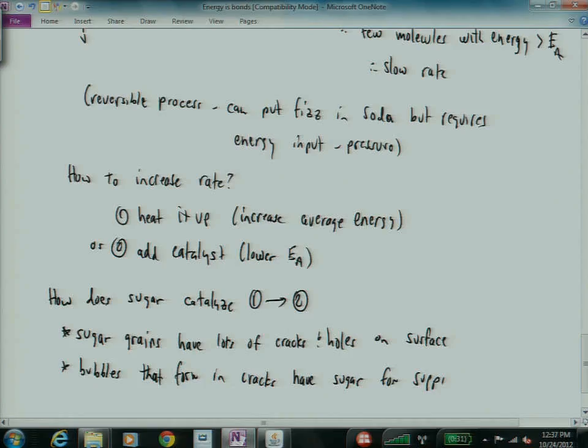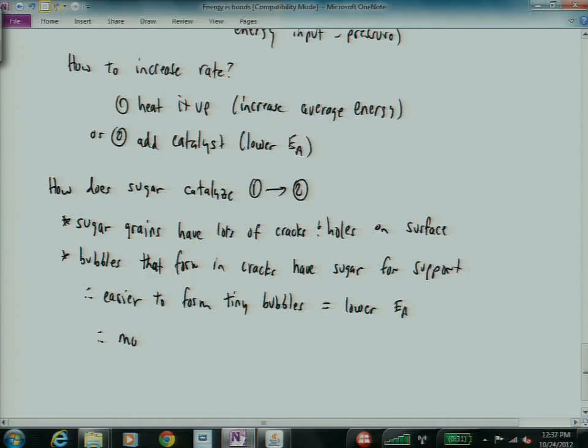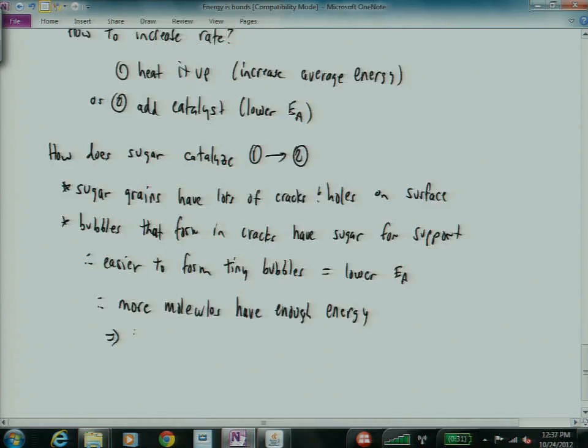Therefore, it's easier to form tiny bubbles. That's the same as lower activation energy. Therefore, more molecules have enough energy. That means a faster reaction. The note here is this is a physical catalyst, not a chemical.